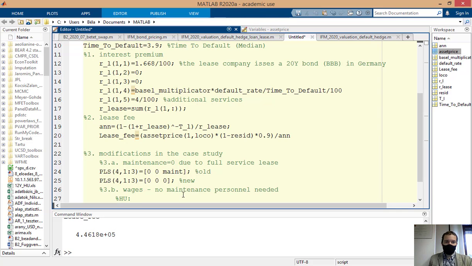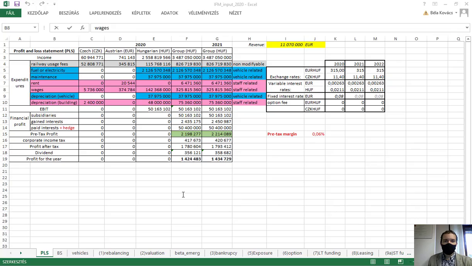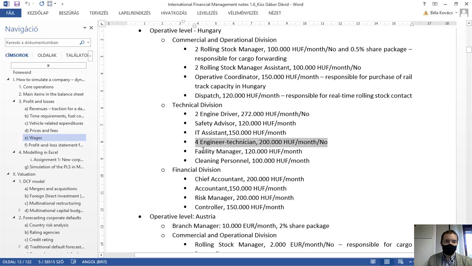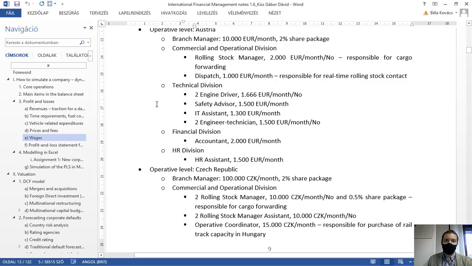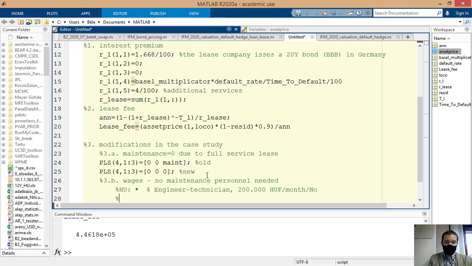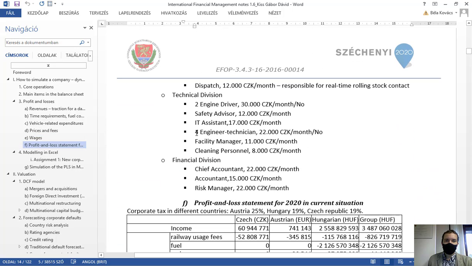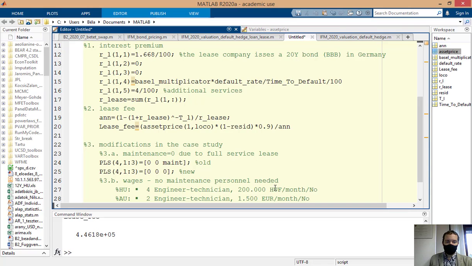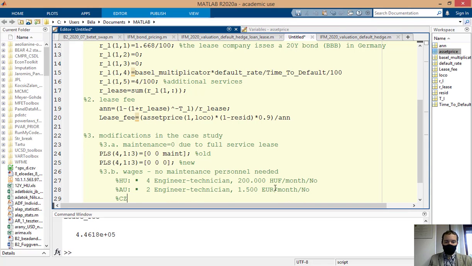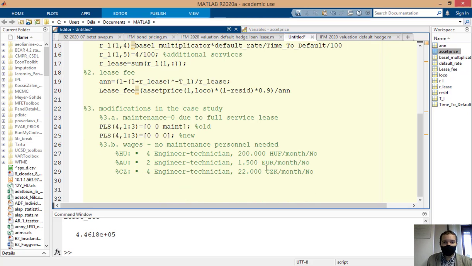So these people can be fired in Austria. These people can be fired, and also these people can be fired.